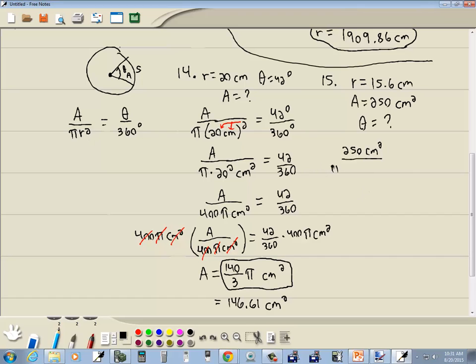So I'm going to have pi times r, which was 15.6 centimeters squared, equal to theta, which is what we're trying to find, over 360 degrees. Okay, so we've got 250 centimeters squared, then pi times 15.6 squared, because remember, we square the 15.6 and we square the centimeters.